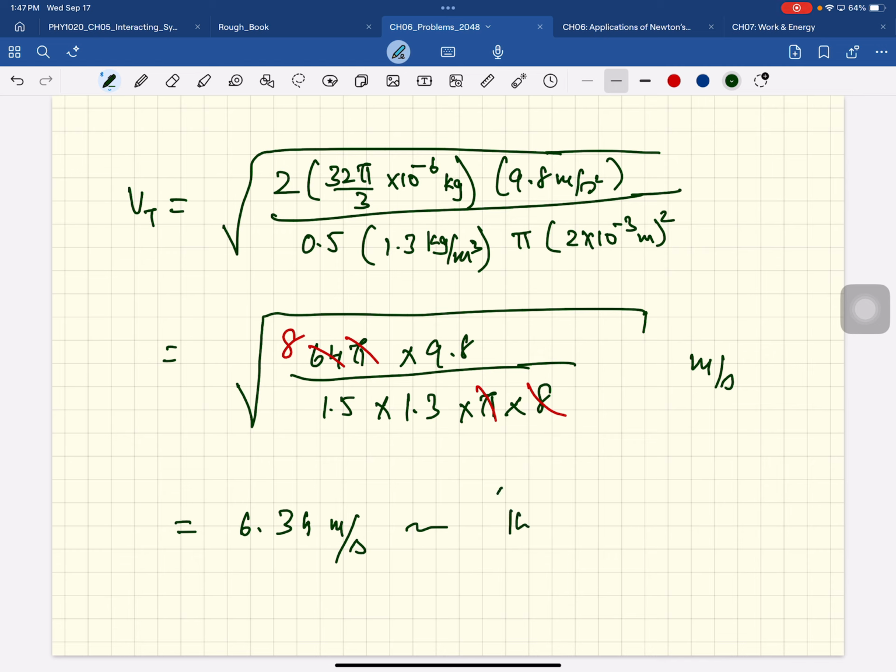This is about 14 miles per hour. Okay, and you can walk in this range.